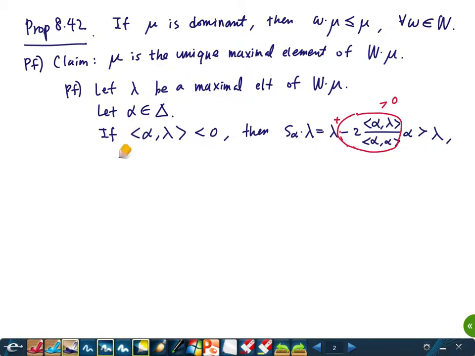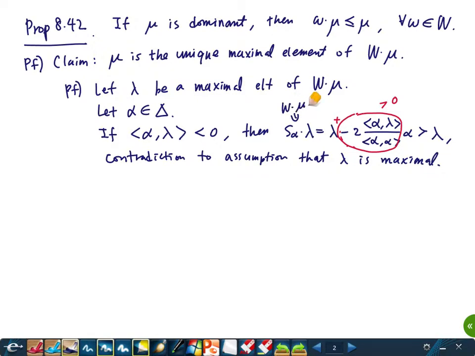This is a contradiction to the assumption that this is maximal. Maximal by definition means we don't have such an element. And by the way, of course, this is inside W mu, because lambda was in W mu, so lambda is W times mu, and S alpha is another element in W, so it's still inside.